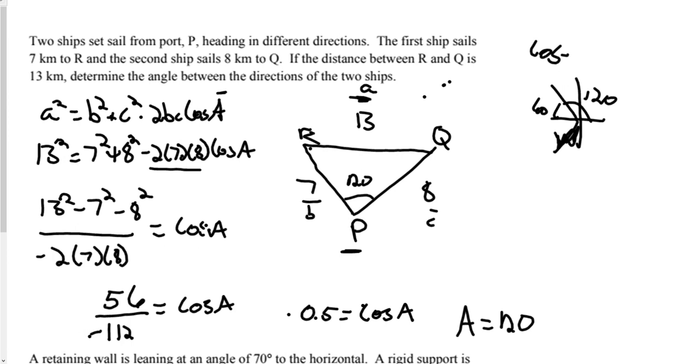Okay. But you can just use your calculator and go cosine inverse of negative 0.5. Gives me that. Or you could do that. If you did something like this on the test and showed me that, I would probably give you bonus marks because that's pretty cool.